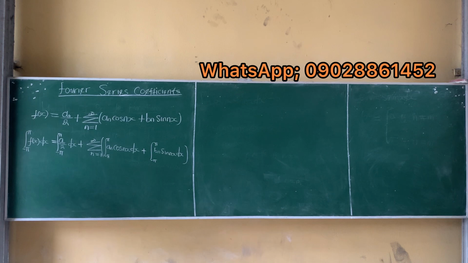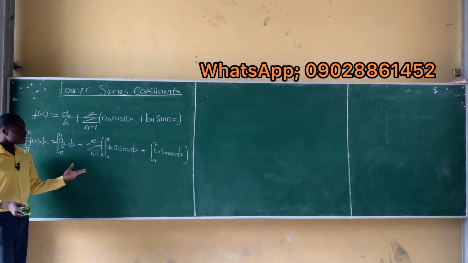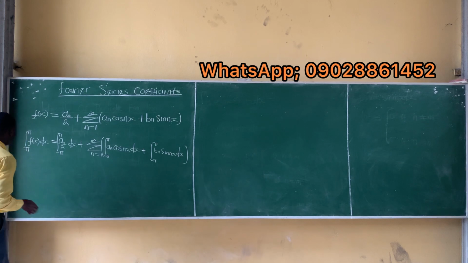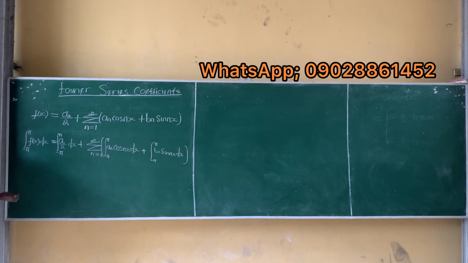So you see the reason why the integral of periodic functions are actually important. If you observe here, we don't know the function f of x, so we have to leave this. So we have the integral from minus pi to pi of f of x dx, and this is equal to a naught over 2, which is a constant, because from the start we said that a naught is a constant.